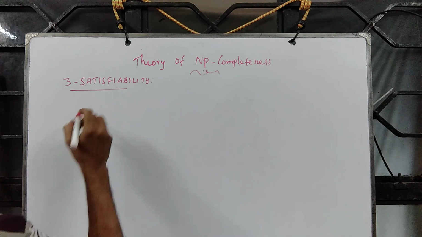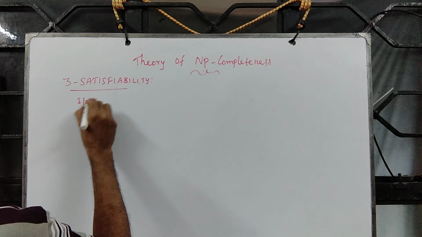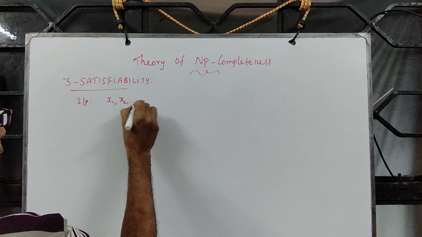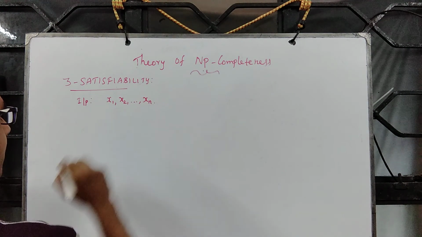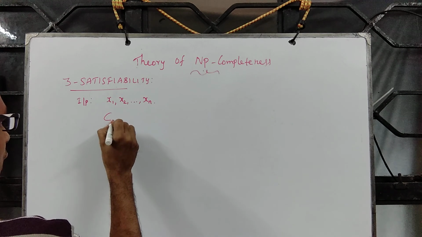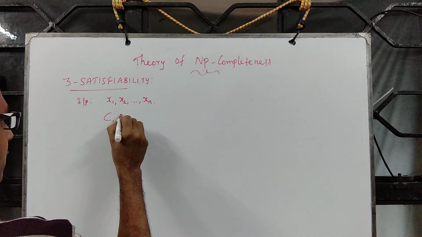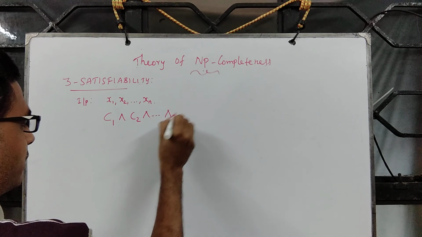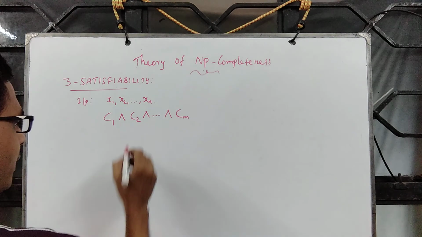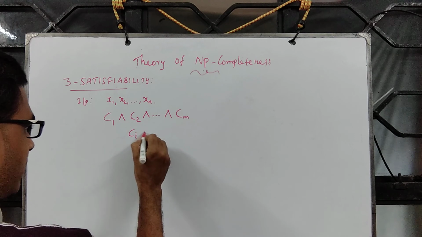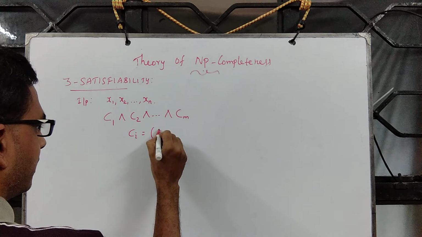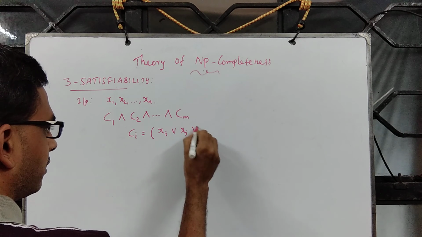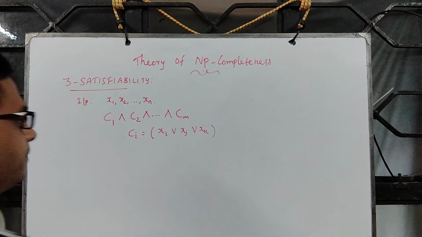So in this problem, the input consists of variables x1, x2, and so on up to xn, and clauses c1, c2, and so on up to cm, and each clause ci is like xi or xj or xk.